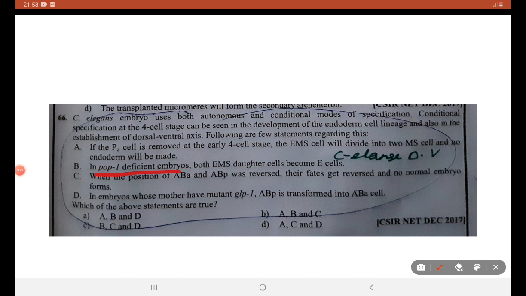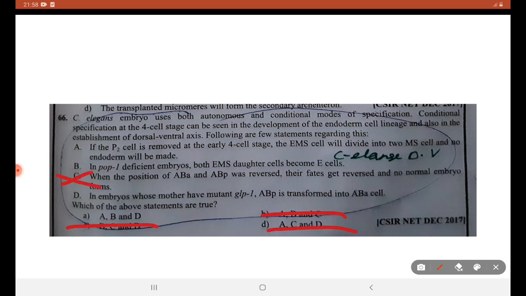In POP1 deficient embryos, both EMS daughter cells will become E cells. When the position of ABA and ABP are reversed, the fate gets reversed and no normal embryo is formed. No. C is the wrong answer.